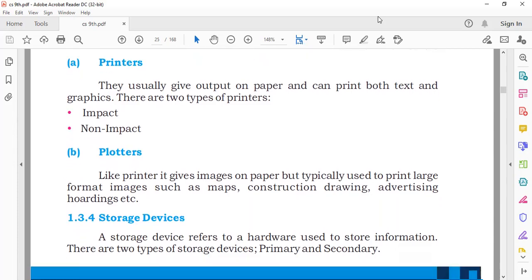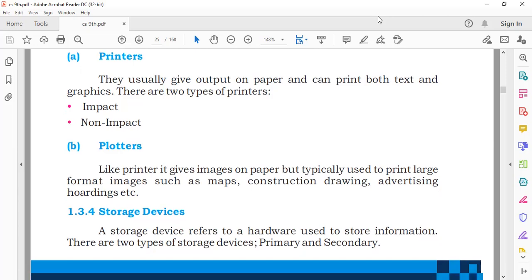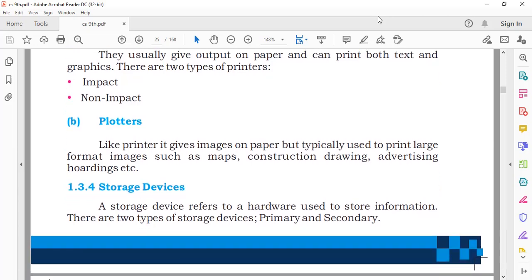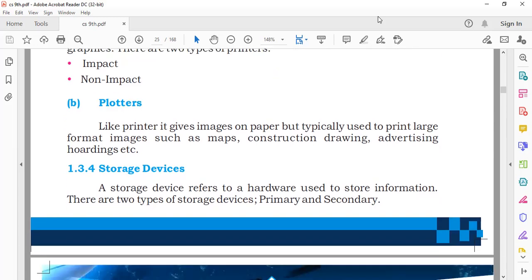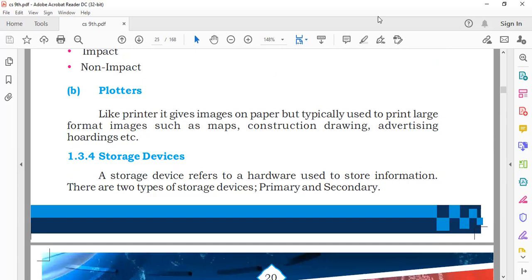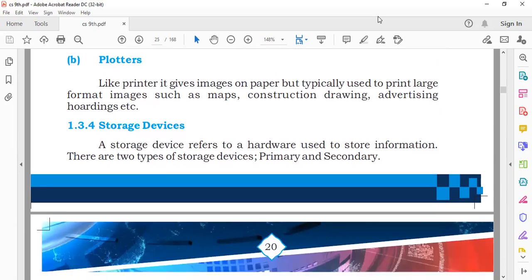Printers give you a result on paper in text, graphics or images, both forms. There are two types of printer: one is impact and the other is non-impact. Plotters also give you images on paper, but they are typically used to print large format images such as maps, construction drawings and advertising.